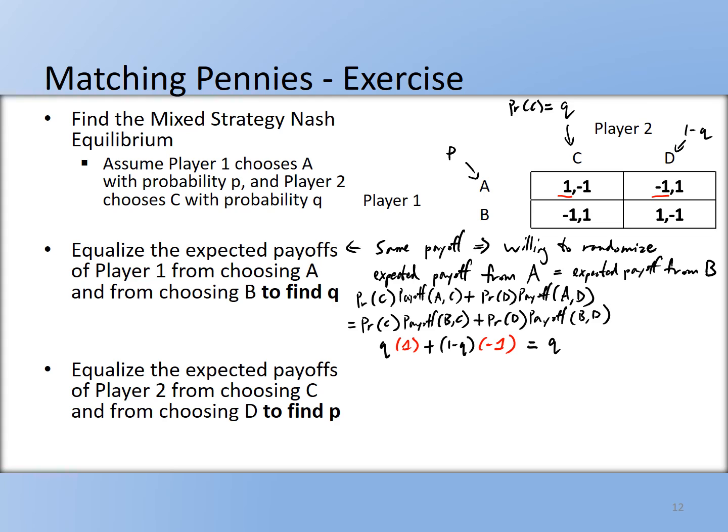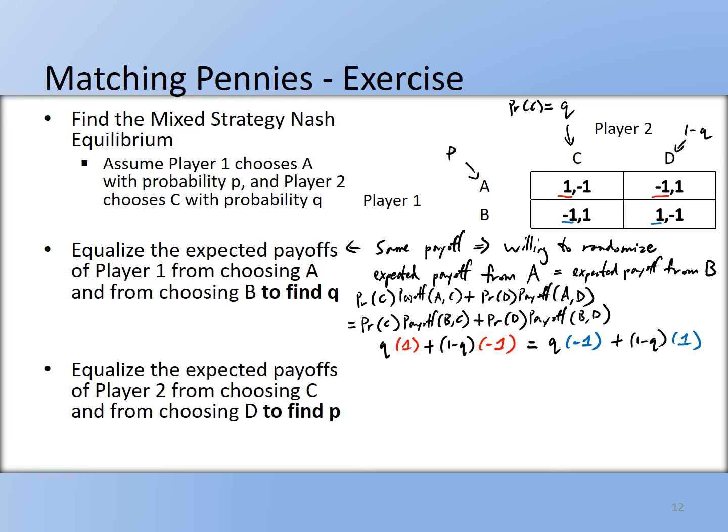Okay. What happens if player 1 chooses action B? Q chance, we're going to end up in a situation where player 1 chooses B, player 2 chooses C, and 1 minus Q chance, we're going to end up in a situation where player 1 chooses B, player 2 chooses D. So I'm going to use blue in this case.